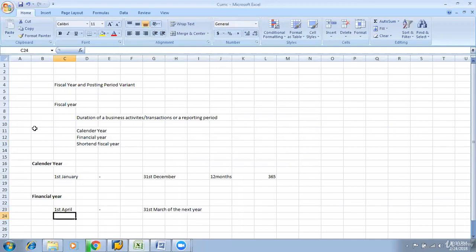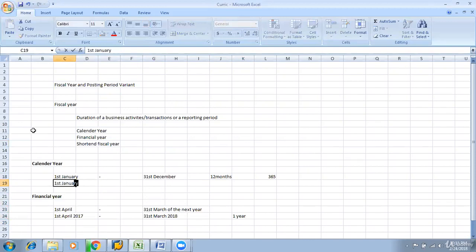Understood? For example, 1st April 2017 till 31st March 2018 should be considered as 1 year for a business. In case of calendar year, how should we frame our example?